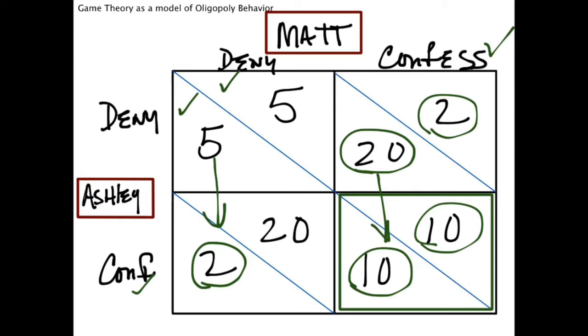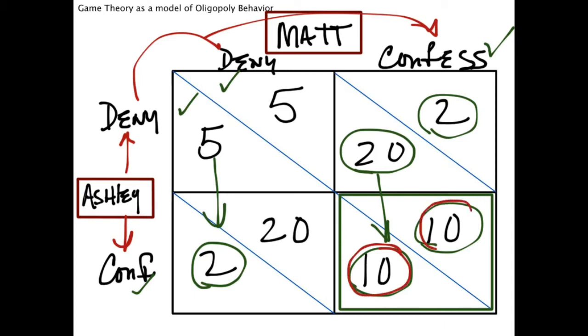We know for a fact that given the options Ashley has here, and knowing the same options of Matt, the maximum payoff for Ashley is in fact confessing. Same thing for Matt. It's not optimal, but it is non-cooperative. By the way, that's also known as the non-cooperative equilibrium.